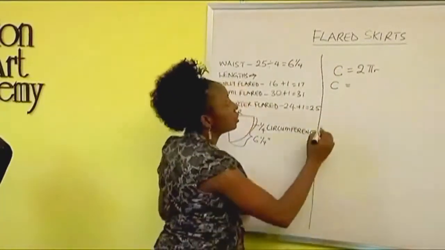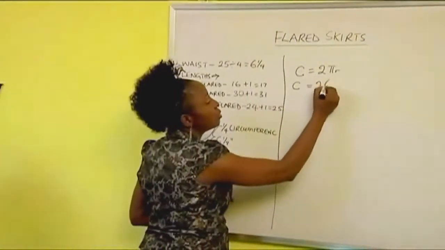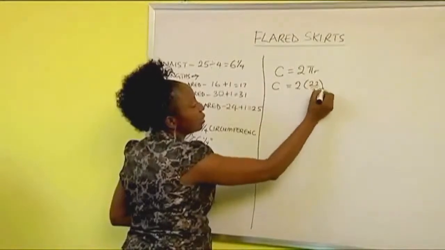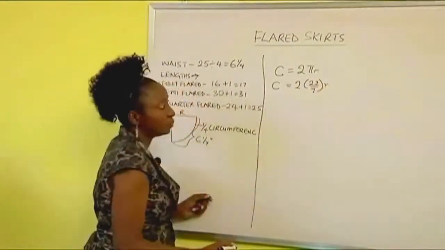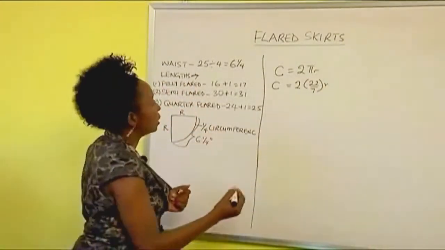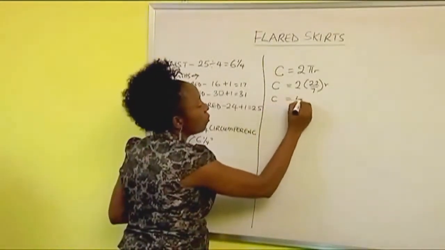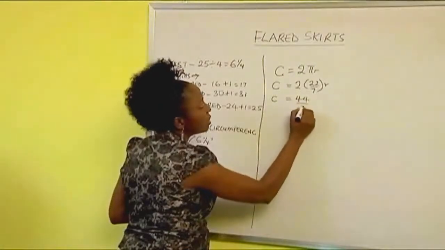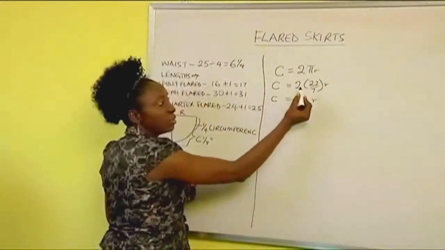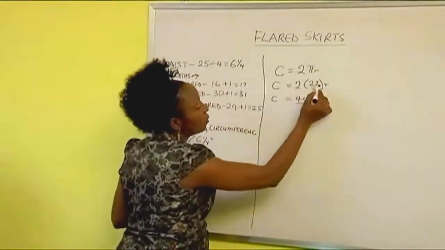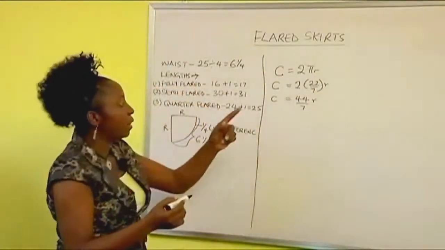C now equals 2 into bracket 22/7 times r. I'm going to open that up a little, so I'll give you C equals 44/7r, because I just multiplied 2 times 22. That's all I have to do. And I get my 44/7, and that will multiply by r.